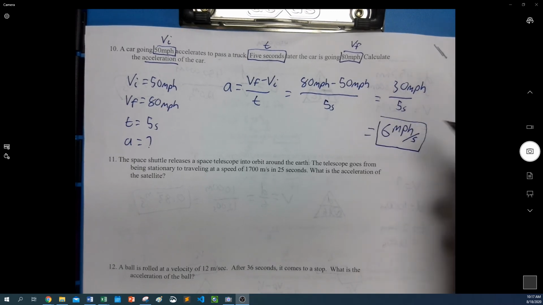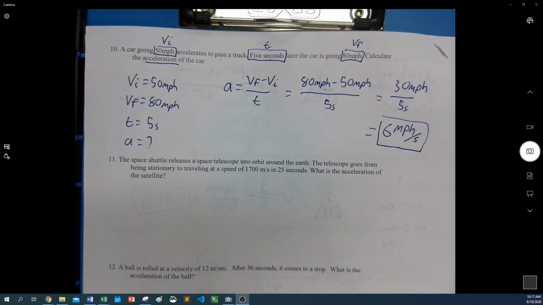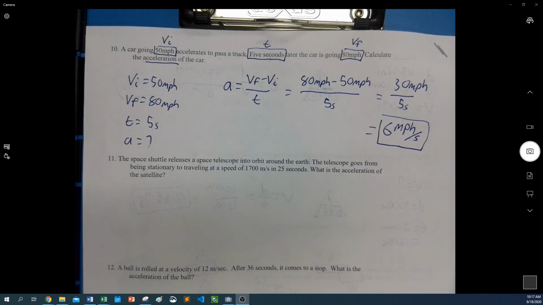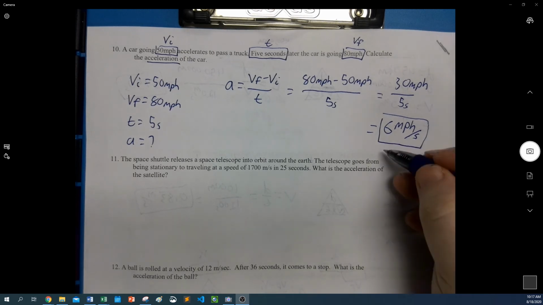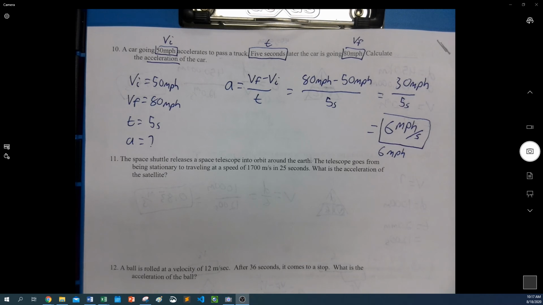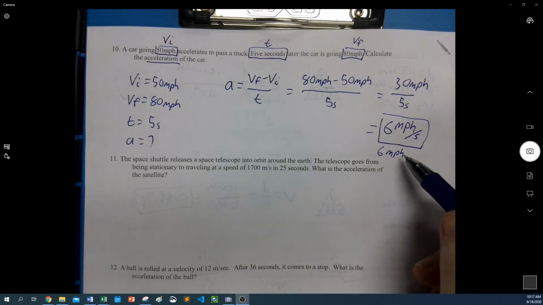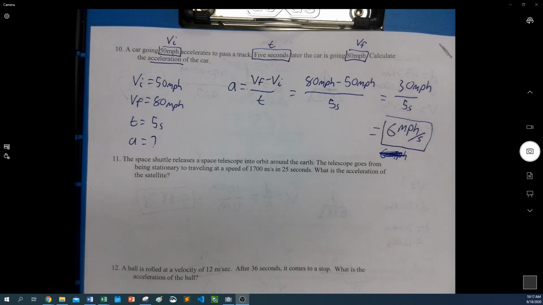Make sure your units are miles per hour per second. If you were to have said the answer was 6 miles per hour, you would get points taken off for not having the correct units. Miles per hour is a velocity or speed, not acceleration.